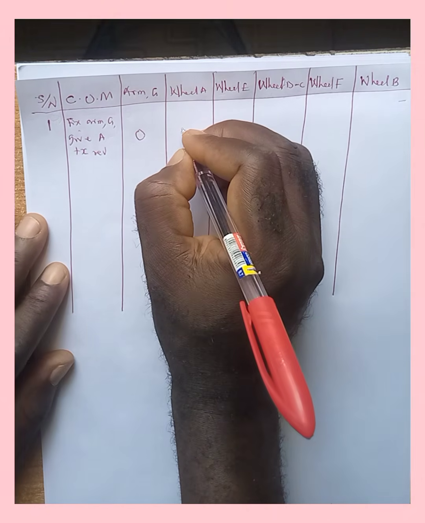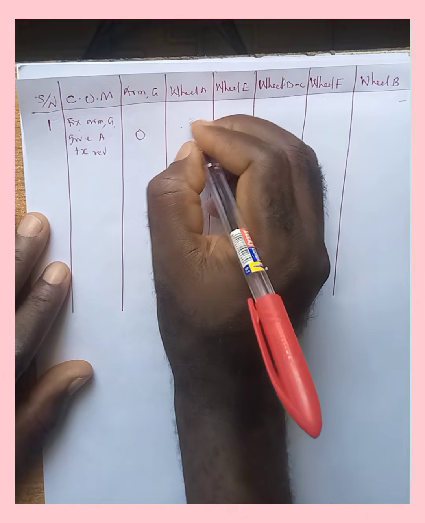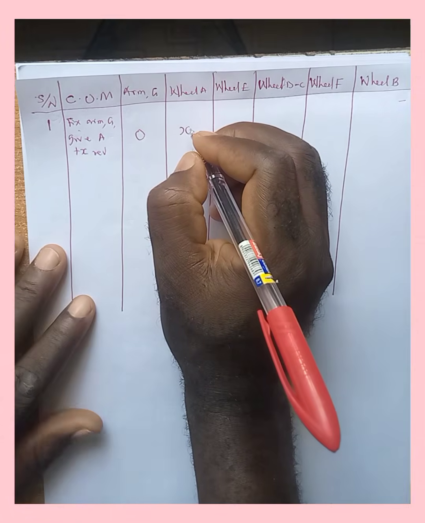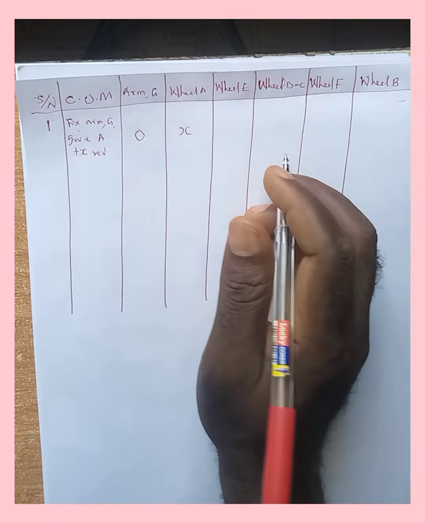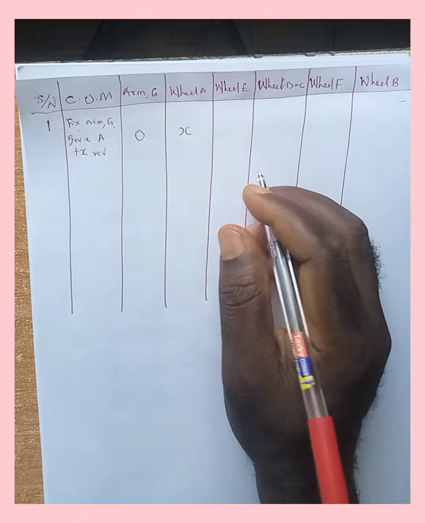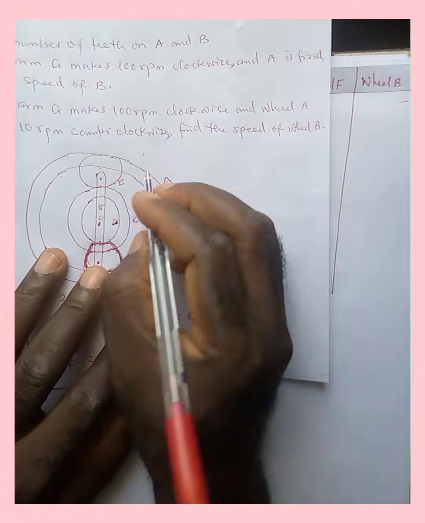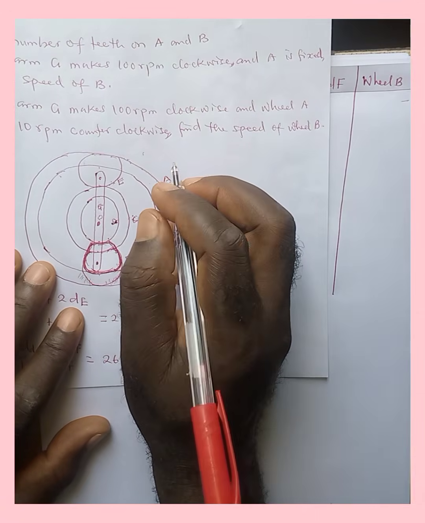The motion of wheel A is going to be X. The motion of wheel E, when you look at this, A serves as the driver, E is the driven.